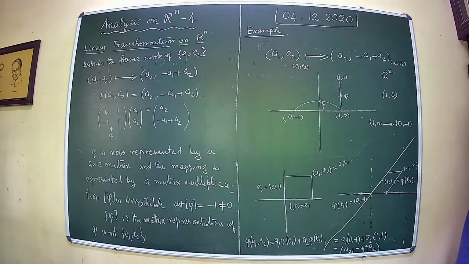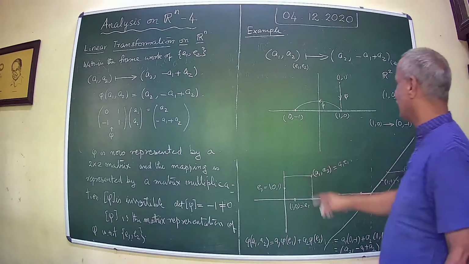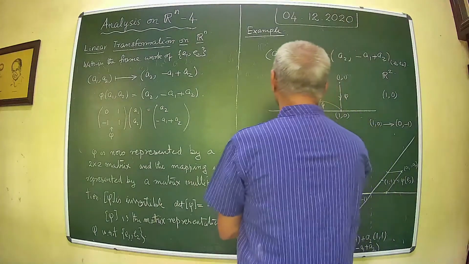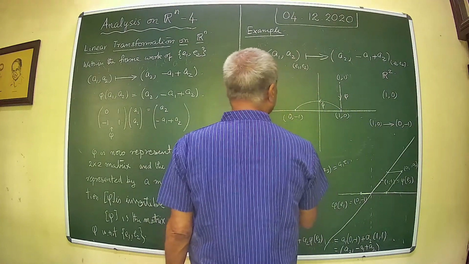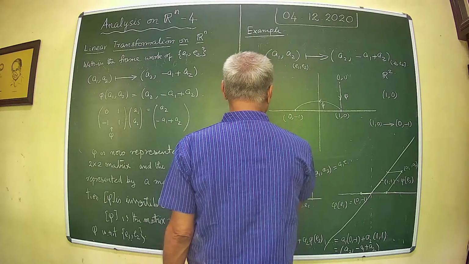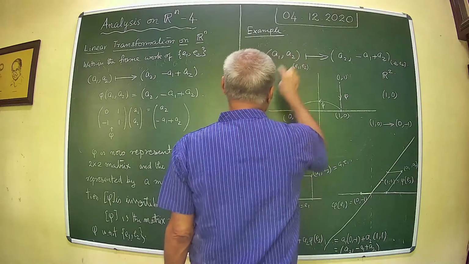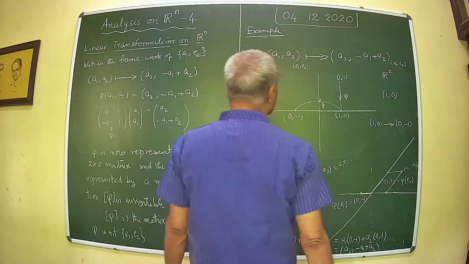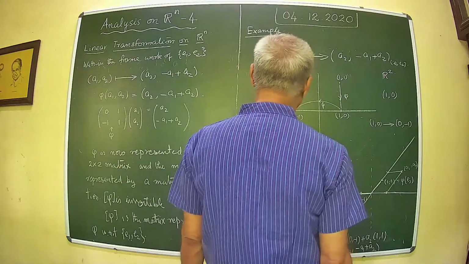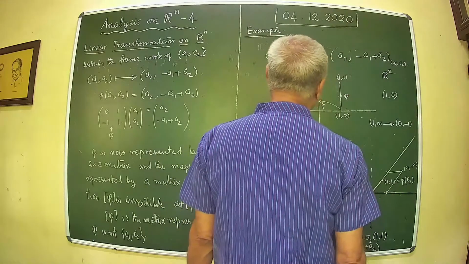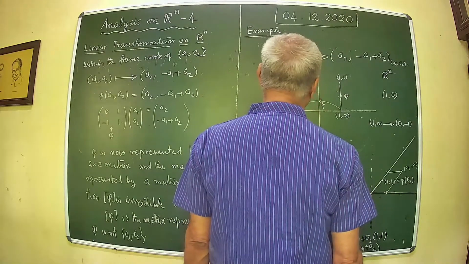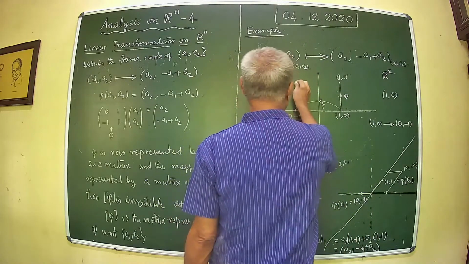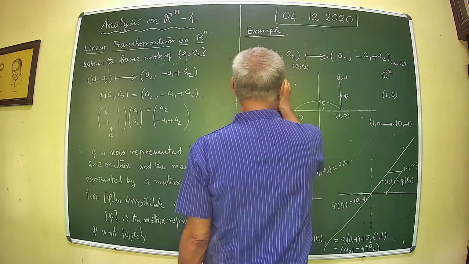Right. And what is the image of this? This point will be mapped to what A1 is minus 1, A1 plus A2 is minus A1 is 0, A2 is equal to minus 1, therefore this is minus 1. So this will go to the point minus 1.